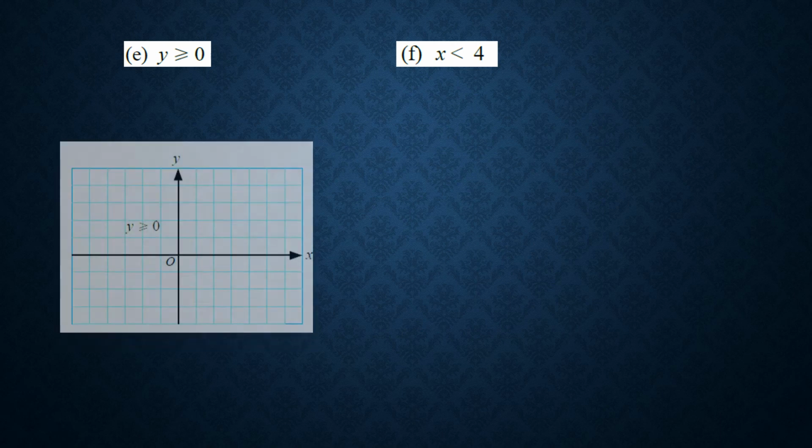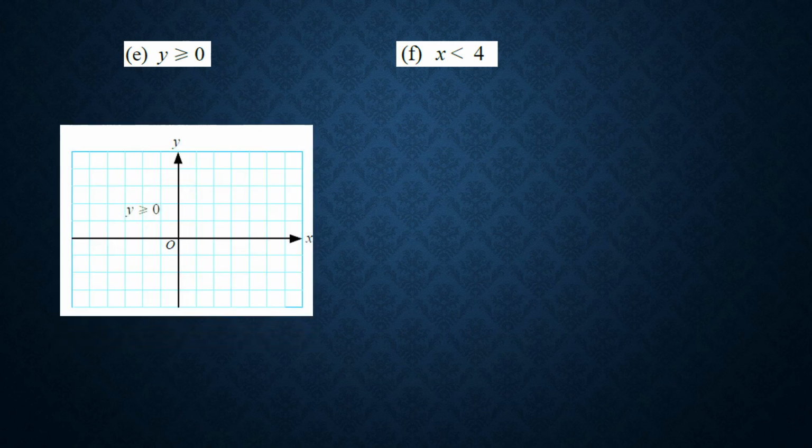Next for part E, y equals 0 is the x-axis. You have learned this before. Okay, this is y equals 0. So they want the greater part, which is here.